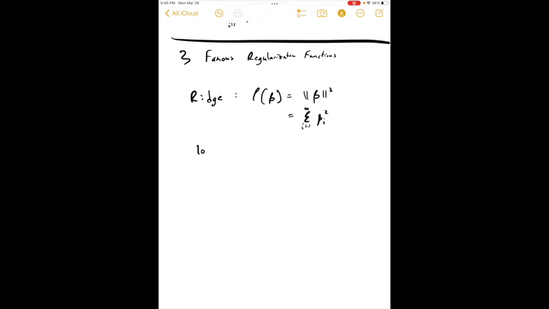So altogether this is the ridge regression loss function. It is the sum from i equals 1 to n of the errors squared, plus the sum from j equals 1 to m of the betas squared.